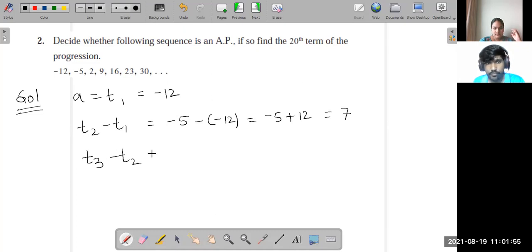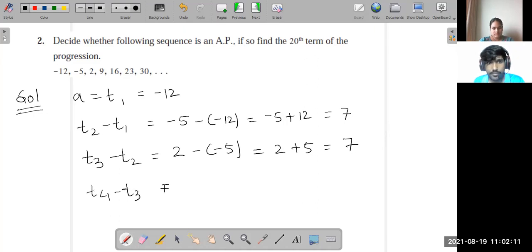So it will be 2 minus of minus 5, which is 2 plus 5, again 7. Let's do T4 minus T3, which is 9 minus 2, which is again 7. So see, for all we are getting 7.